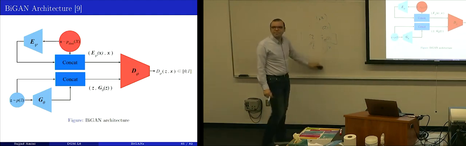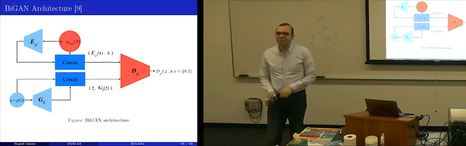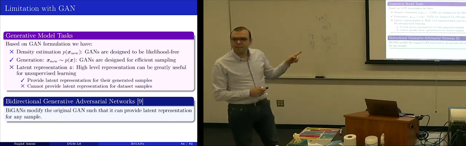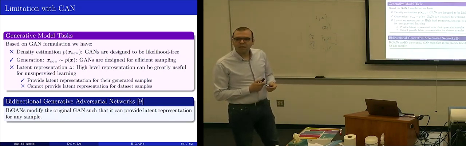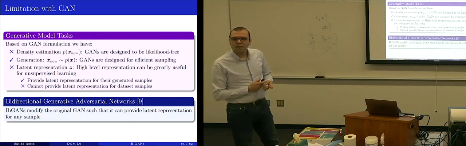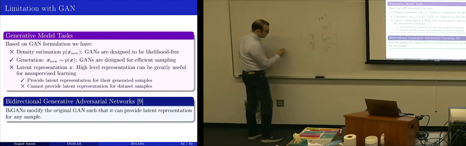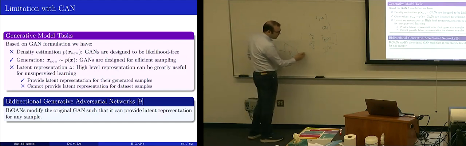I have a question from the previous slide: why can we not provide latent representations for the dataset samples in GANs? In GANs, you just have access to the generator, G theta. This generator is fed samples from the latent and generates samples for you, G theta of z, that we call x.